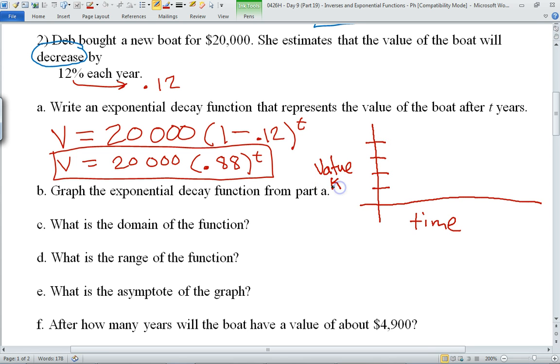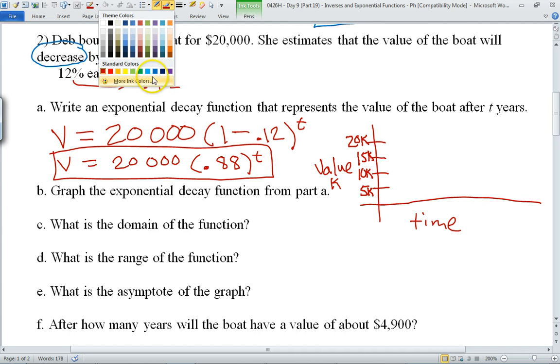We're going to measure this in thousands. Okay, so this is 5,000, 10,000, 15,000, and 20,000. Okay, so that's really good enough to start this thing off with.